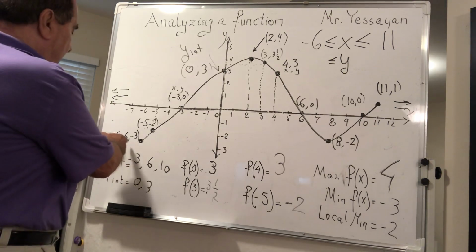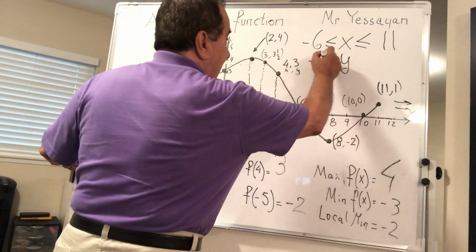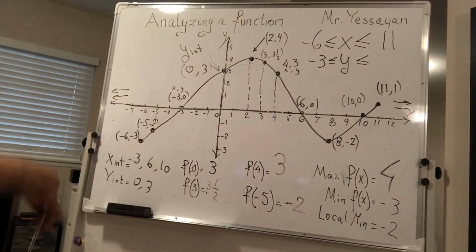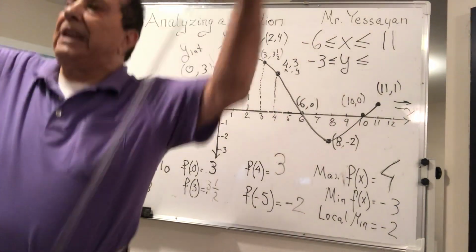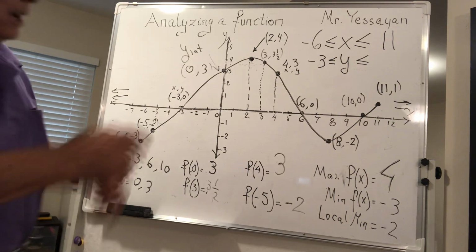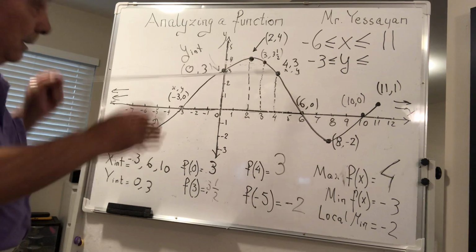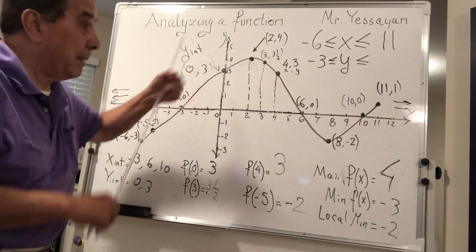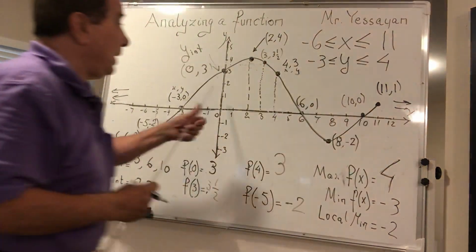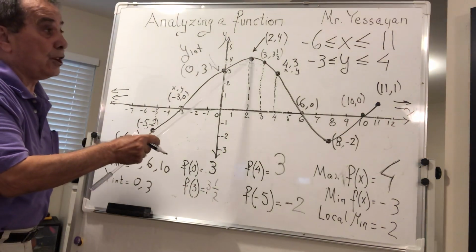Yes, -3. And it goes up to where? What's my maximum range? What is the maximum height I gain? +4. There you go. Up over here, my maximum. So 4. And as you see, it's a solid line, so it's included.